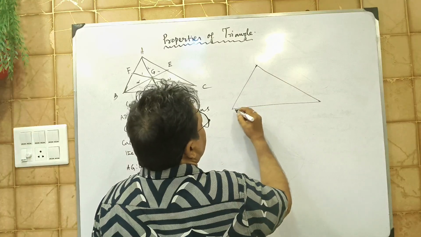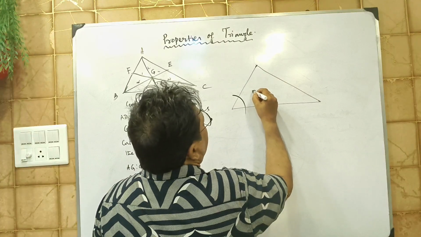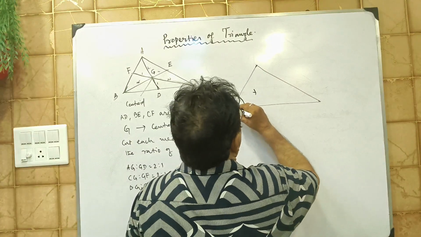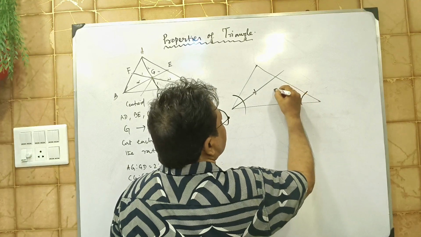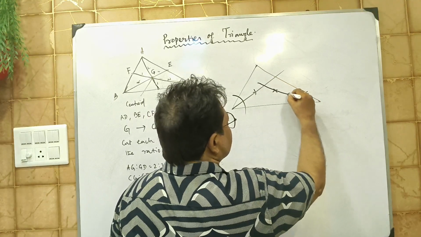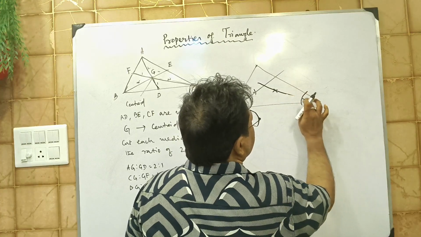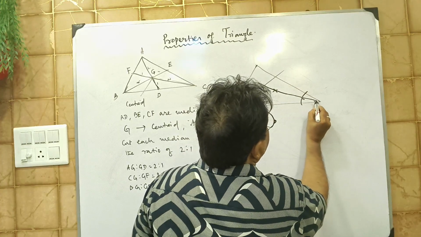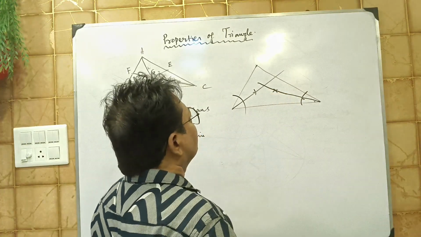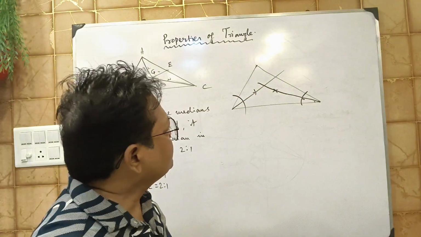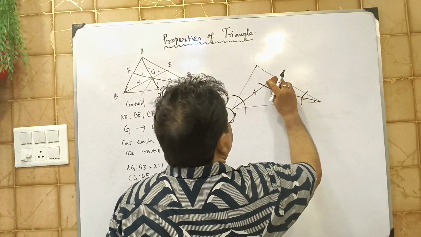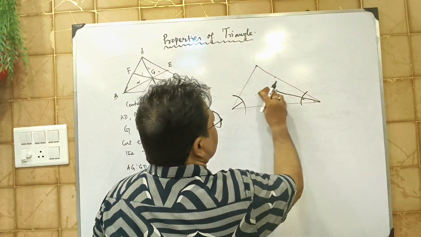At first you will draw the angle bisector of the two adjacent angles. Suppose these are two adjacent angles. Angle bisector of these two adjacent angles. From this, something difficult.